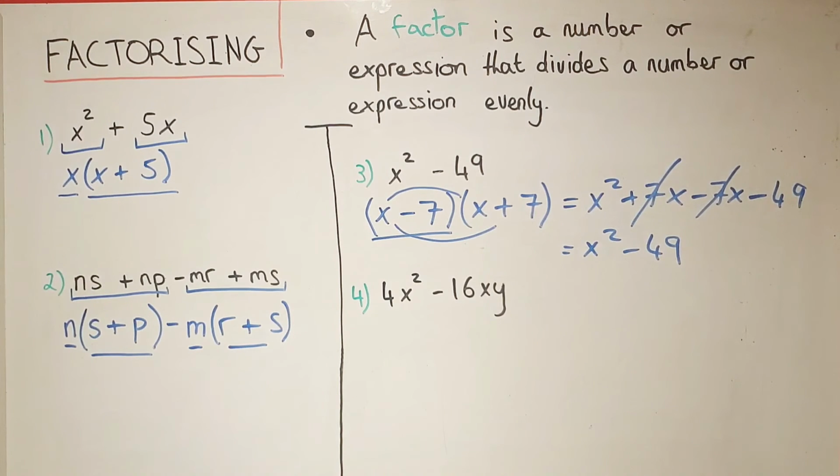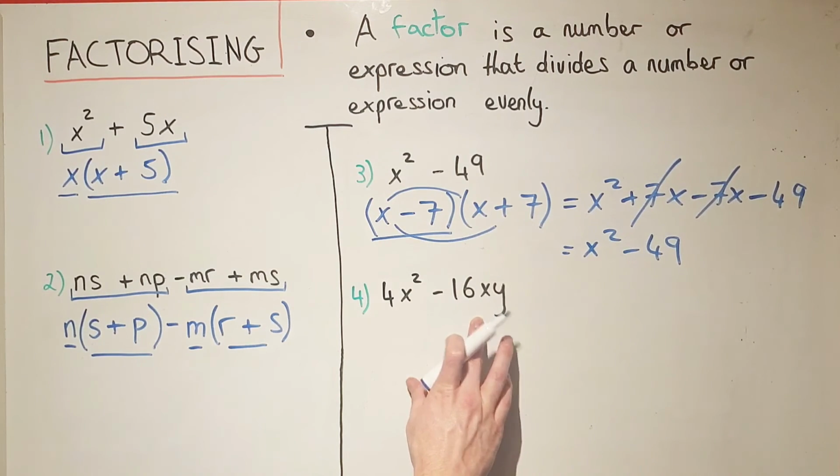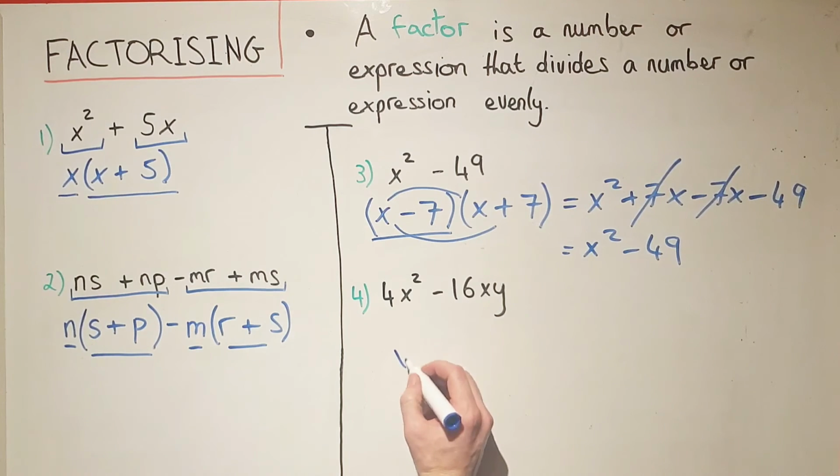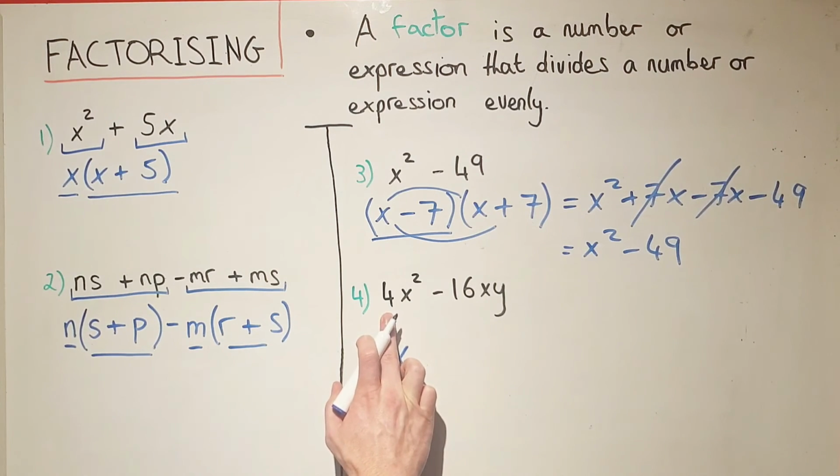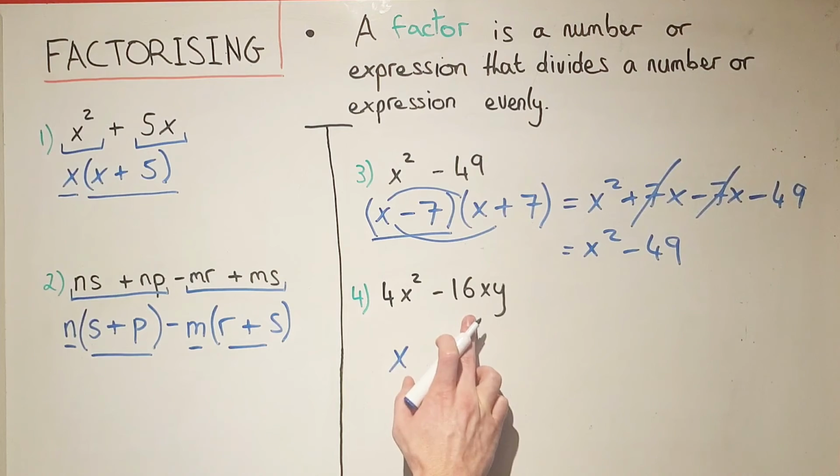Now the final example is similar enough to this second one over here, as it has more than one variable. So the way we would go about this is looking at the expression. We can see an x variable here and an x variable here, so we know we would take out the x value. But in addition to the x value, we can see that 4 could be taken out of here because it could also be taken out of here evenly.